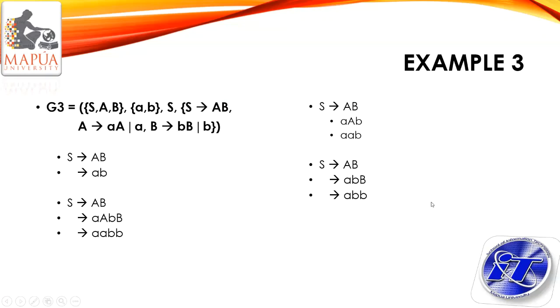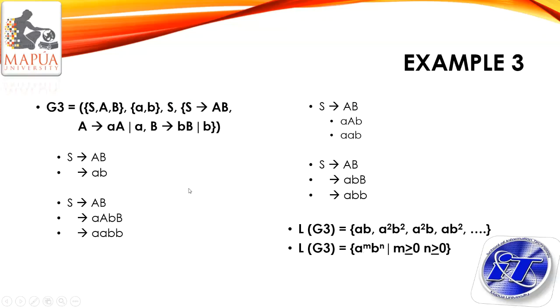Just to generalize the language, we have ab, a squared b squared. Basically, the exponent means how many times we repeat the symbol. The general form for the language of this grammar will be a raised to m, b raised to n, wherein m is greater than or equal to 0, and n is greater than or equal to 0.